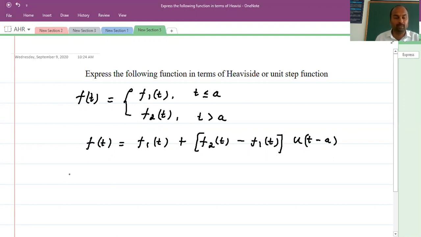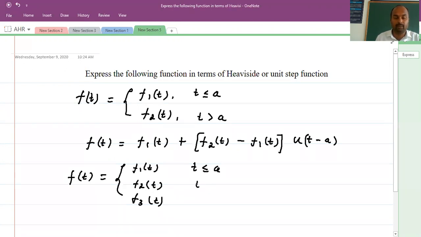Similarly, the function can also be written like this. F of t can also be defined as three functions: f1 of t, f2 of t, and f3 of t. This is when t is less than or equal to a, this is when t is greater than a and less than b, and this is when t is greater than b.